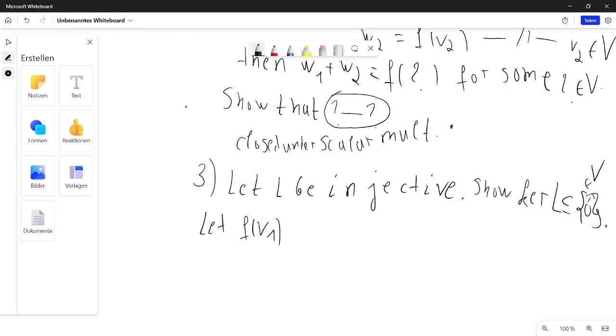What defines the kernel? The kernel is defined by the property that the evaluation at an element of the kernel is zero, right?